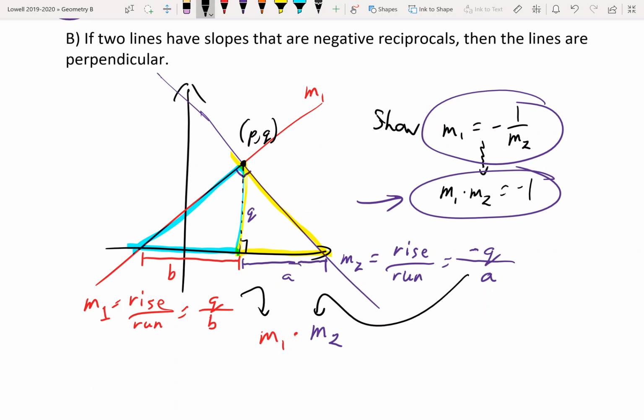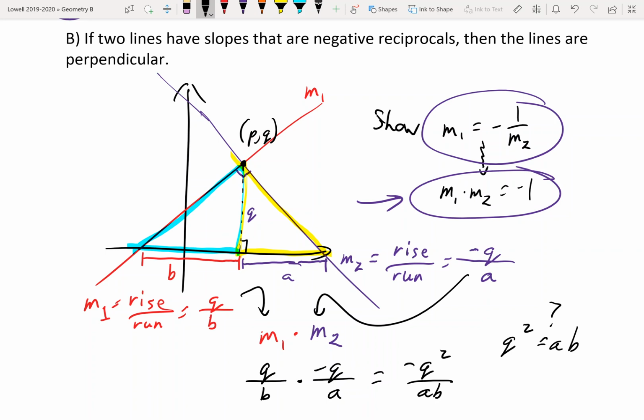I get Q over B times negative Q over A. Is that equal to negative 1? If I clean this up, I get negative Q squared over AB. That doesn't really look like negative 1, unless we could somehow show that Q squared equals AB. Because if that was the case, we could substitute in and be good to go.